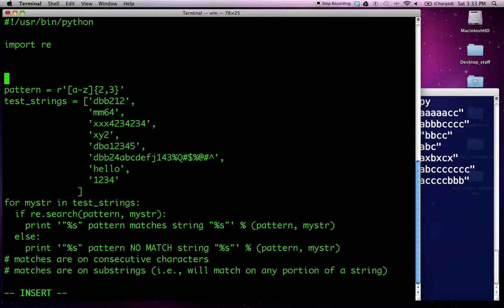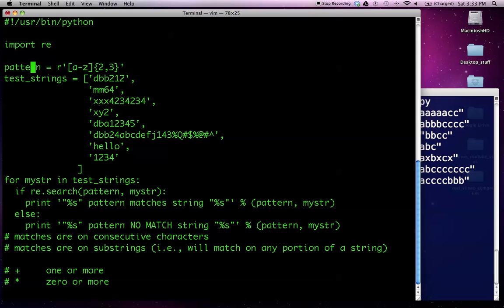When we said \d plus, we weren't referring to 1 or more d characters, right? We're referring to 1 or more digit characters. So in that same way, the a to z is really a single entity, and we're now following it by a 2 to 3 quantifier, which says between 2 and 3 letters. That's basically what it's saying.